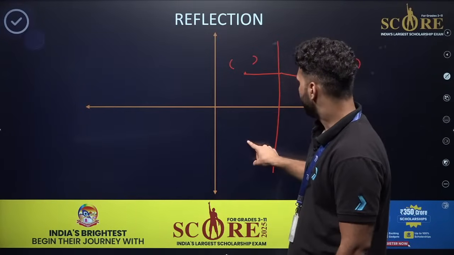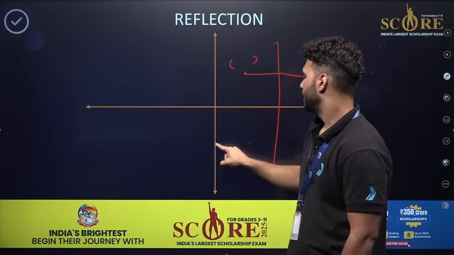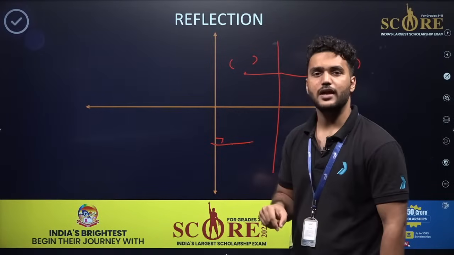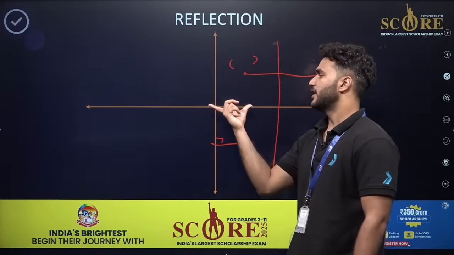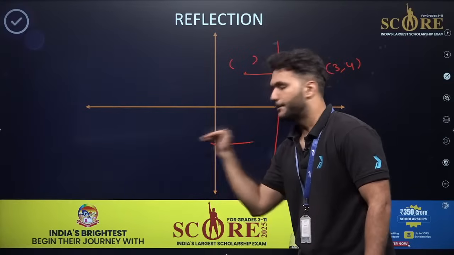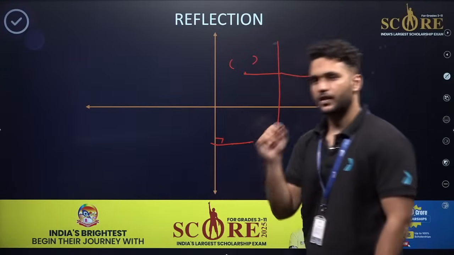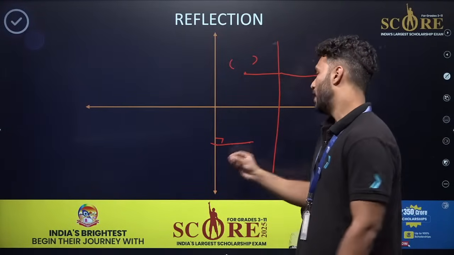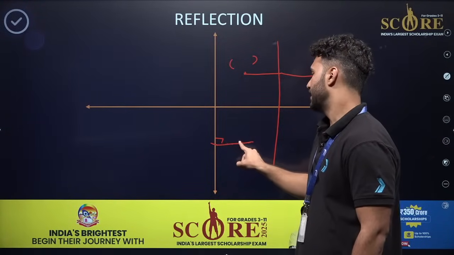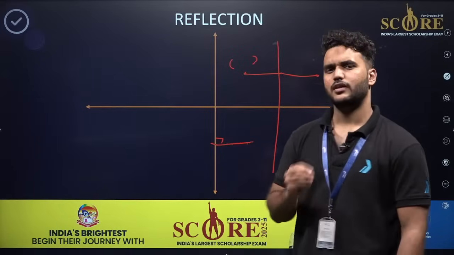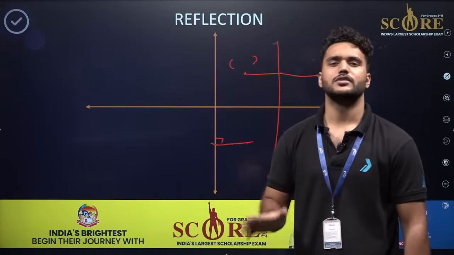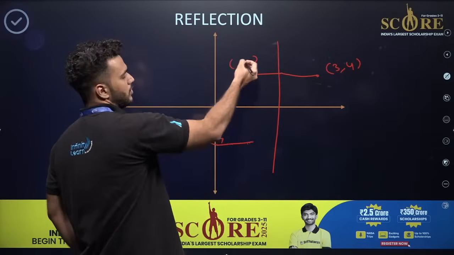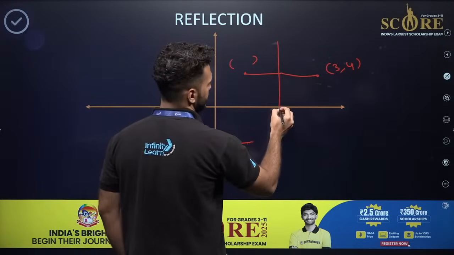See, any point here, any point here, any point here, if they are in a straight line and this is making a 90-degree angle, it means this line is parallel to the x-axis and perpendicular to the y-axis. Then the y value of this line will not change. At any point of this line, any point you can choose, the value of the y coordinate will not change.